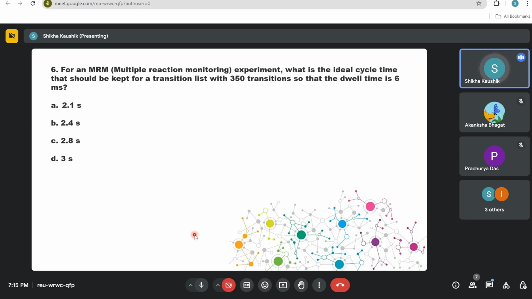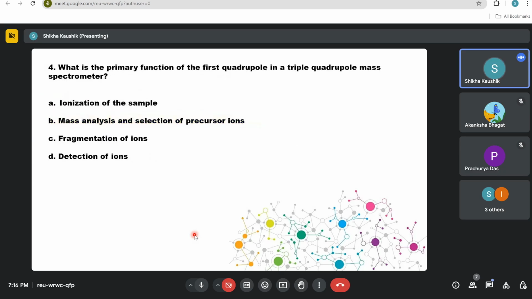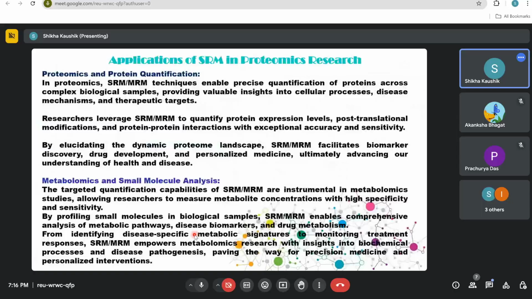So for MRM, multiple reaction monitoring experiment, what is the ideal cycle time that should be kept for a transition list of 350 transitions, so that the dwell time is 6 milliseconds? I have given you that, right?